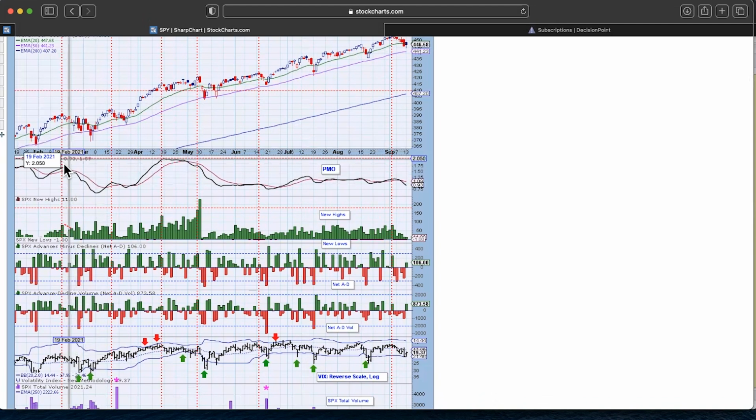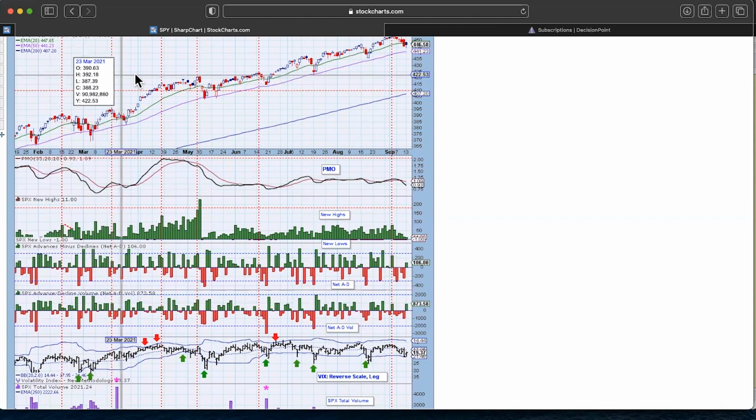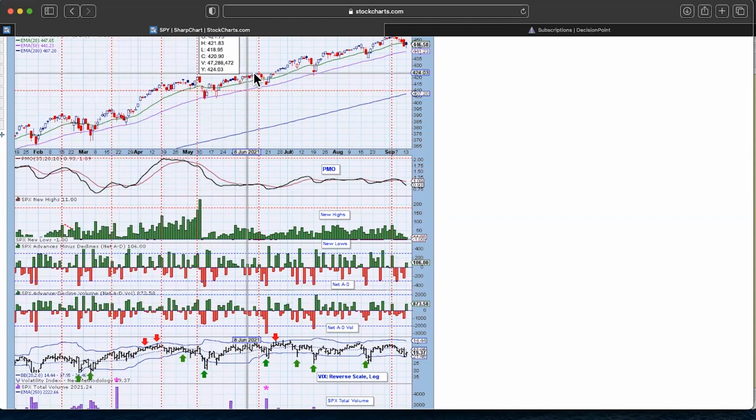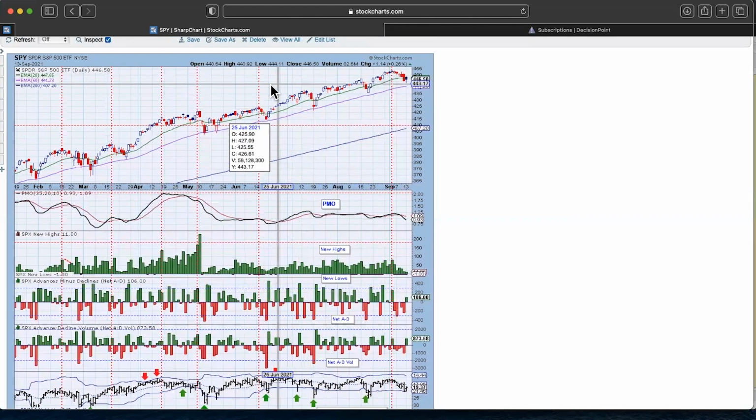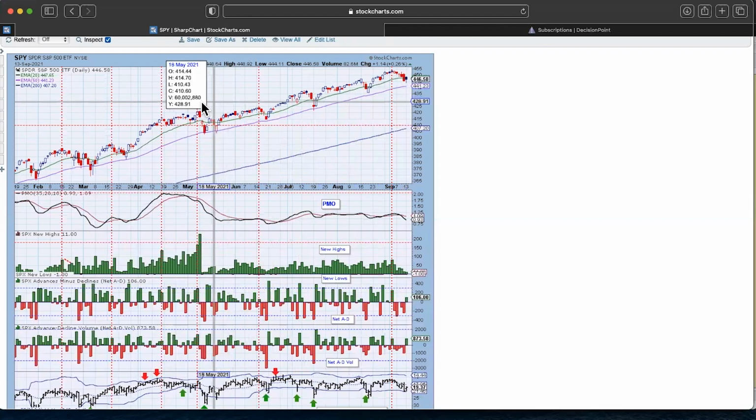And you can use the PMO to help you out on this too. There's no reason why you can't use that to help you with confirming which way it's going to be going. So back here, high readings on new highs, but we didn't get the same readings here on the lows. Many might wonder, well, what are these dotted lines? On this chart, these vertical lines mark cardinal tops, major market tops.